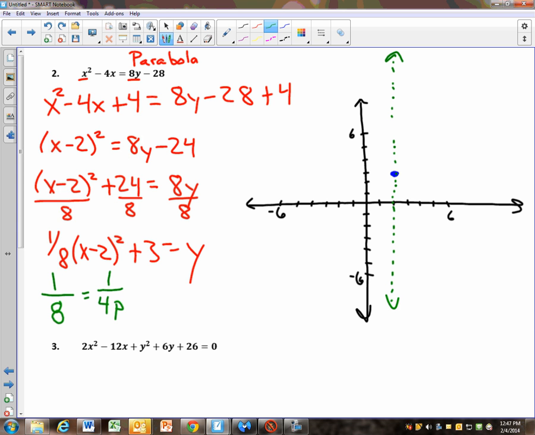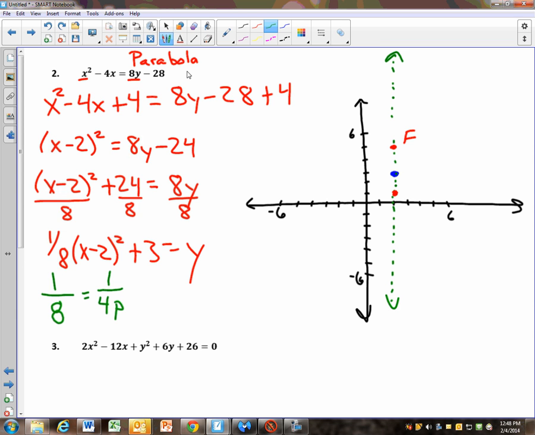You can look at that and realize that p is equal to 2. So I move 2 units from the vertex to get my, what do we call that point? Focus. I move 2 units down for the directrix.